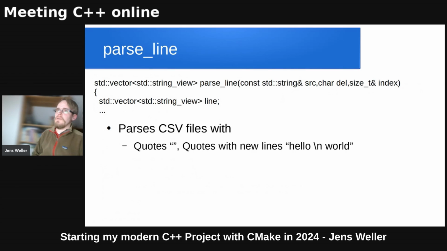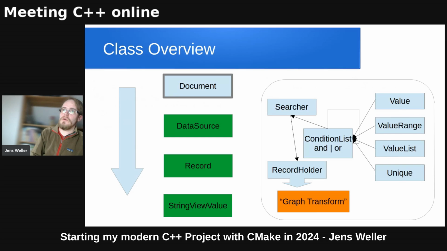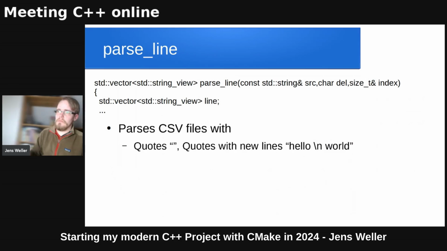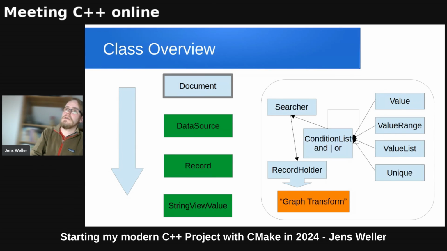The parse line function is basically an adoption of the code I wrote last year, but I need to handle quotes with new lines in them, and that's basically what I added. That's just another mode, and I've given multiple talks on parsing CSVs last year, so this is covered, and not that interesting.